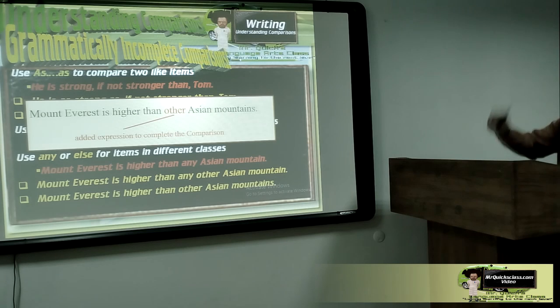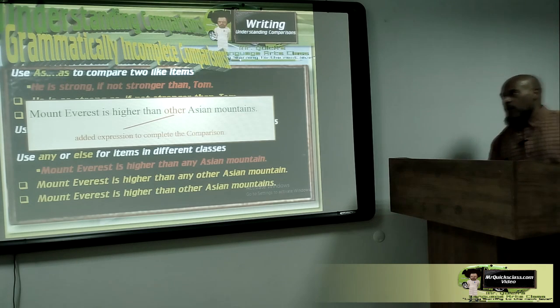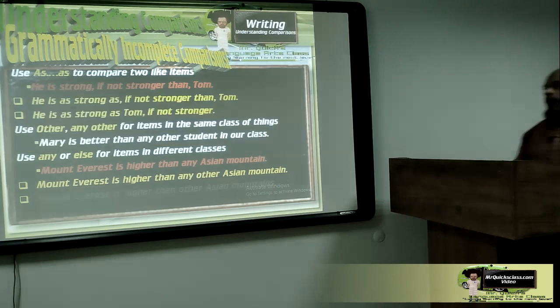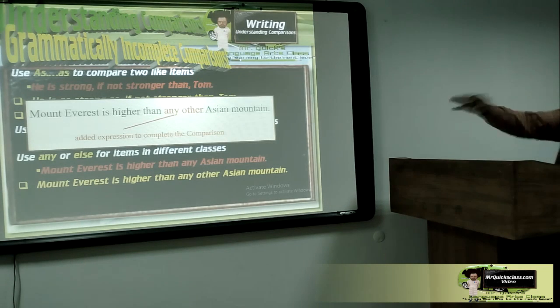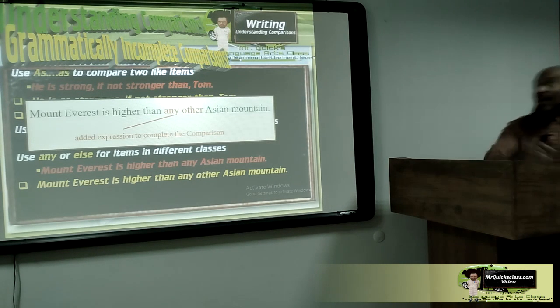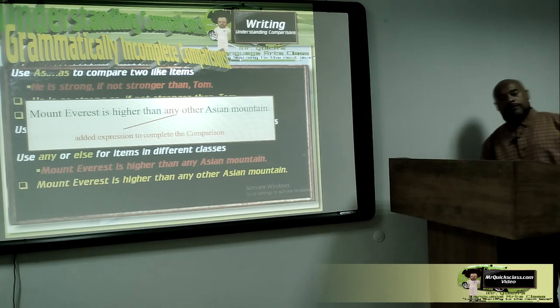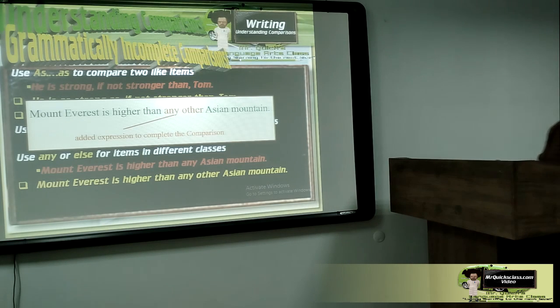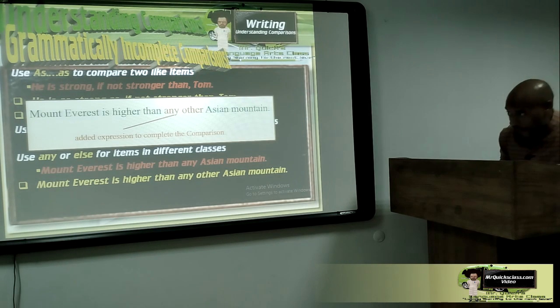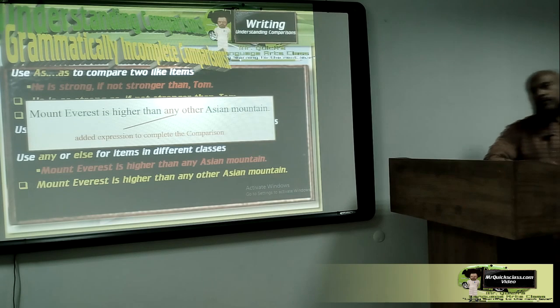Mount Everest is higher than other Asian mountains, or you can write it, Mount Everest is higher than any other Asian mountain. But you can't say Mount Everest is higher than any Asian mountain.